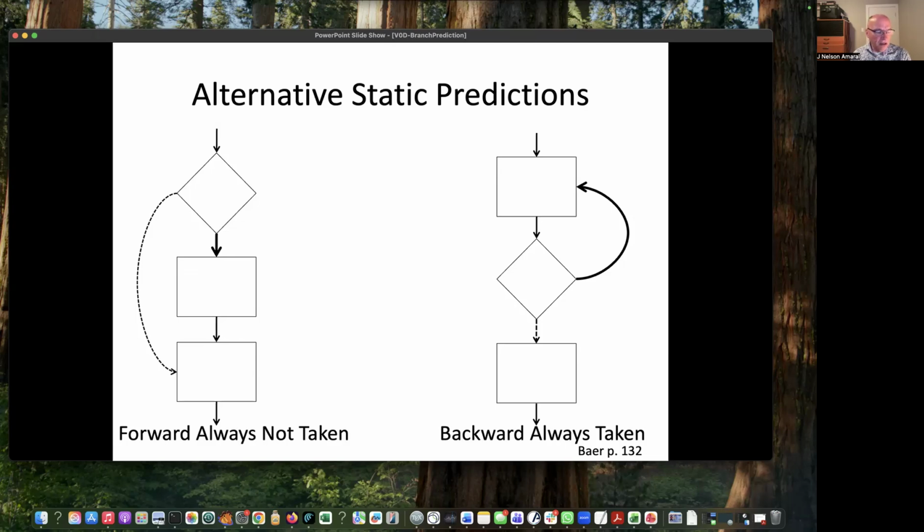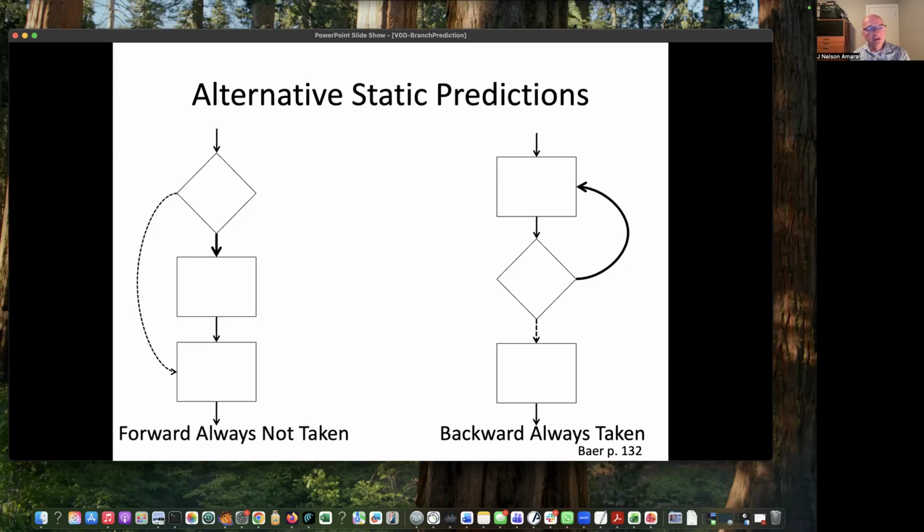The reasoning is that the branches at the end of a loop are backward branches, so a branch at the end of a loop will always be taken. The reason for forward branches being always not taken does not have as solid a ground, but is just based on the style of programming that you observe from programmers.